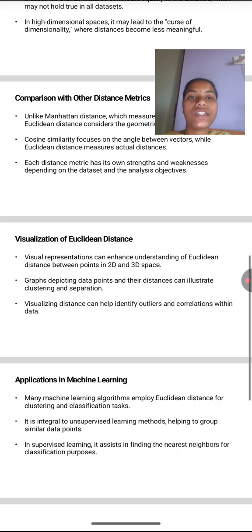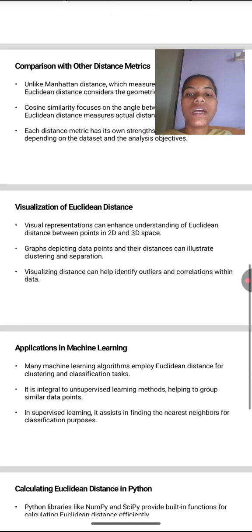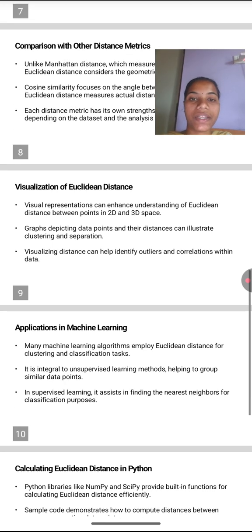So, the visualization of Euclidean distance. Visual representation can enhance understanding of Euclidean distance between points in 2D and 3D spaces. Graphs depicting data points and their distances can illustrate clustering and separation.